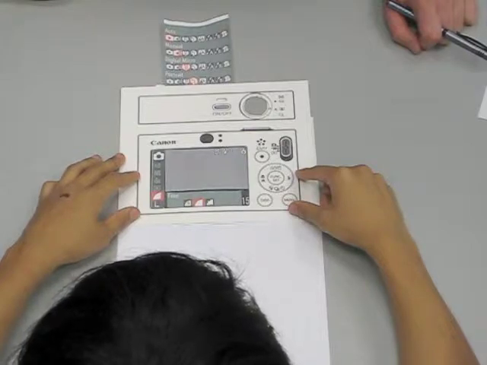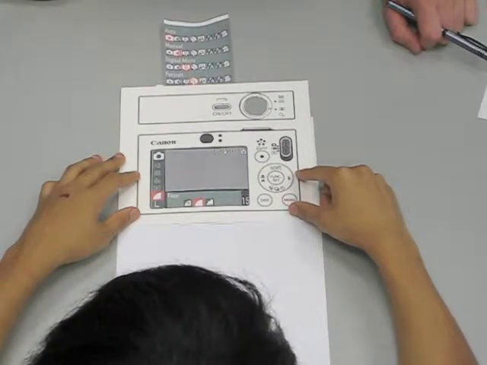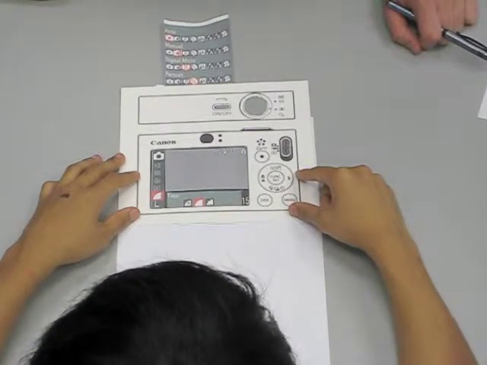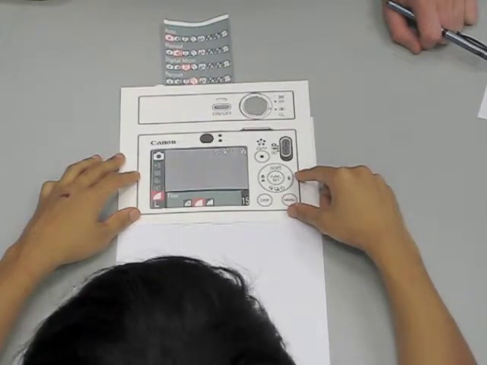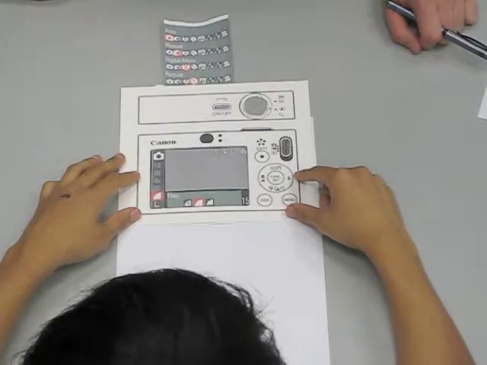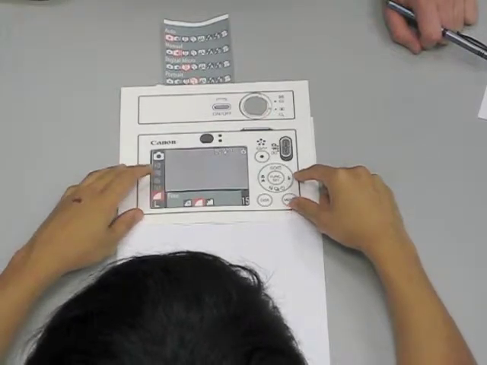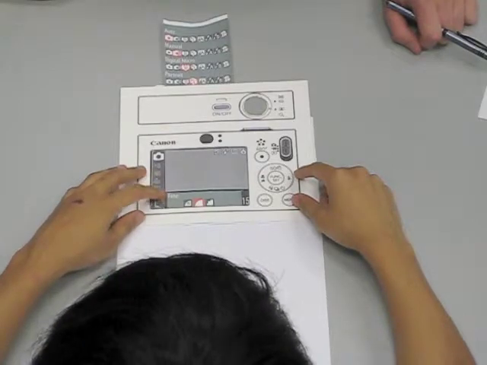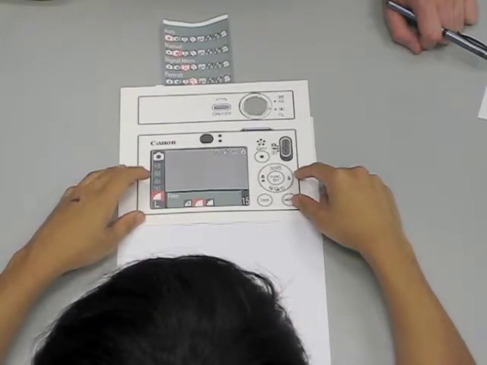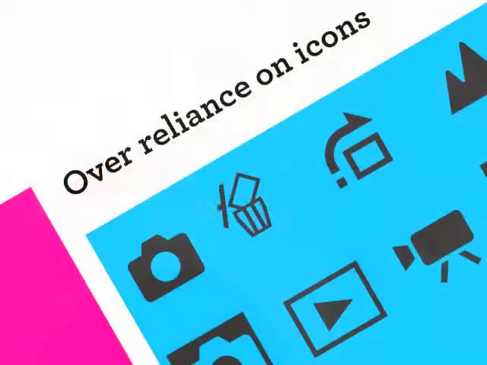I usually look more for words, verbal, as opposed to icons, because sometimes the icons look very clear. For example, this. If I've never used a camera before, for all I know that could be pizza.